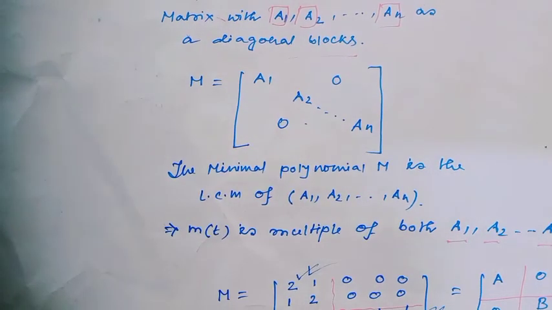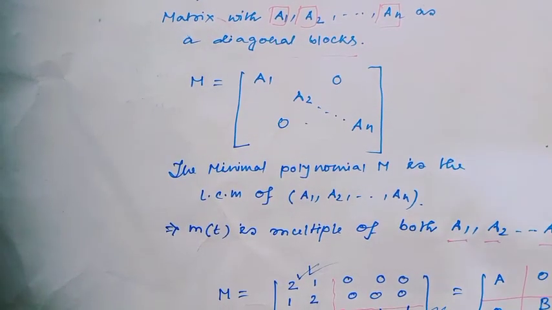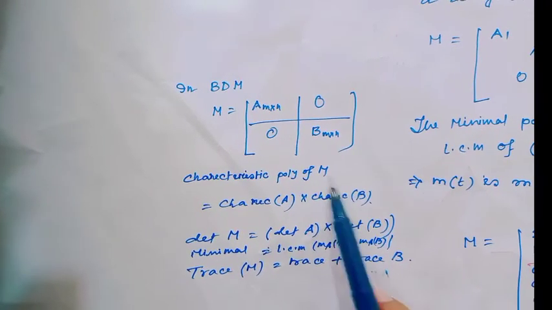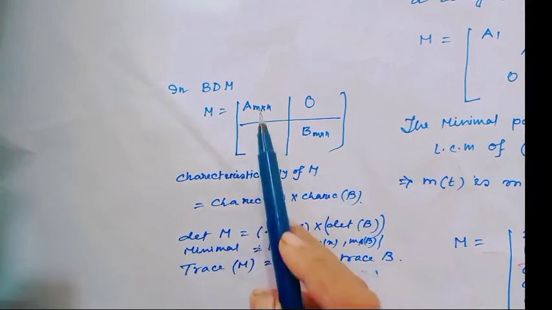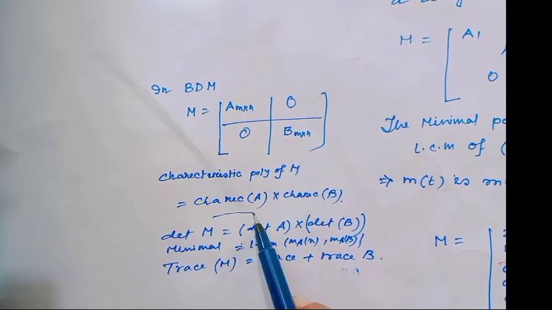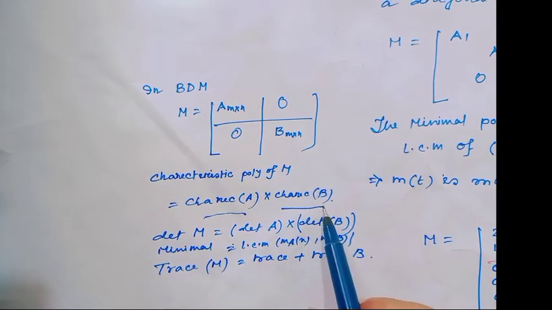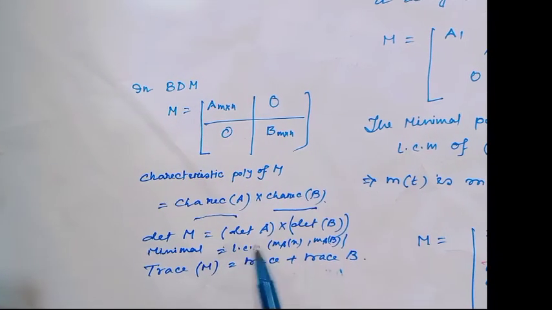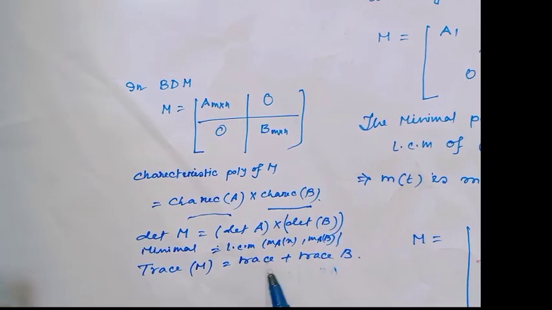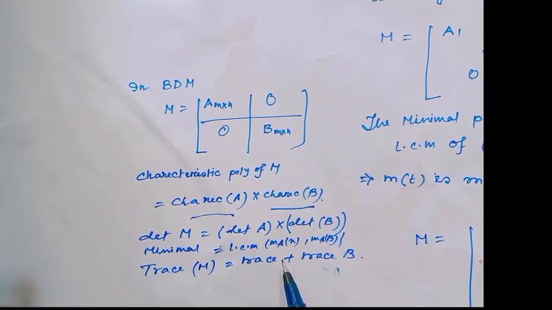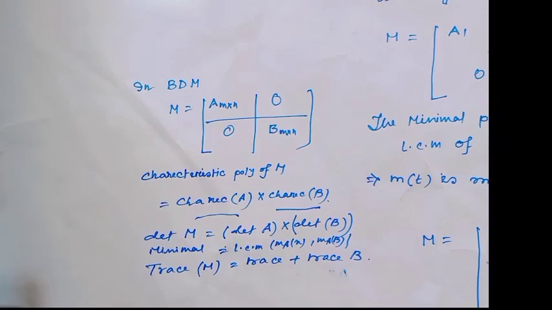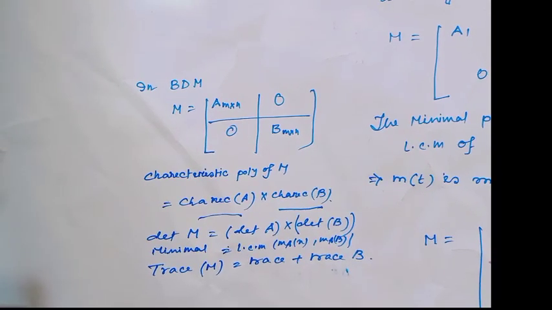Now I will say what the trace of a block matrix is. Till now I have seen that the characteristic polynomial of a block diagonal matrix of this type would be the characteristic polynomial of A times the characteristic polynomial of B. Similarly, the determinant would be the determinant of A times the determinant of B. Also I have seen the minimal polynomial of this matrix is the LCM of the minimal polynomials of A and B. Then what would be the trace?